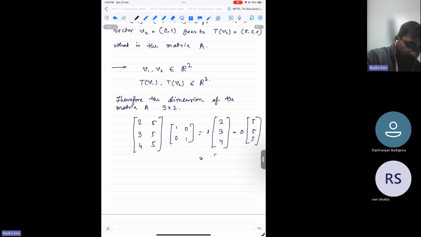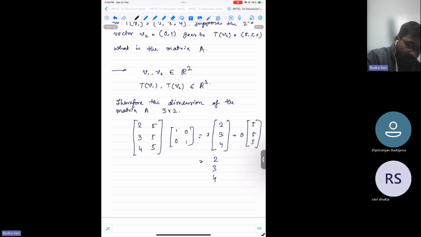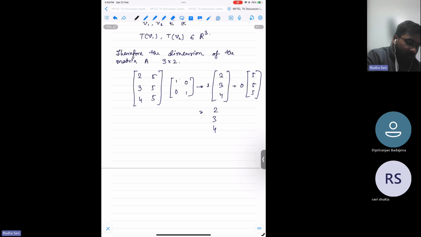So obviously we will get (2, 3, 4) for the first column. Similarly, this is not exactly equal, I'm just dividing it somewhere. And the second thing is, normally if this is a matrix A and this is a vector, let's say V, and since this is the identity matrix, obviously we will get this term.